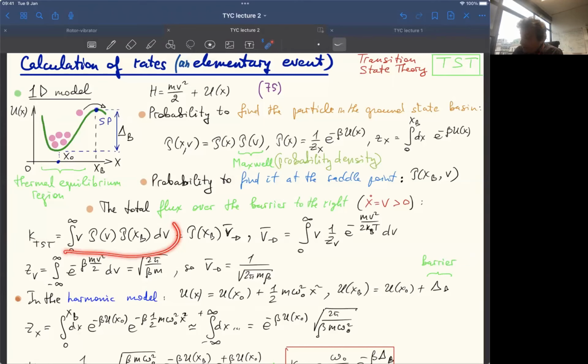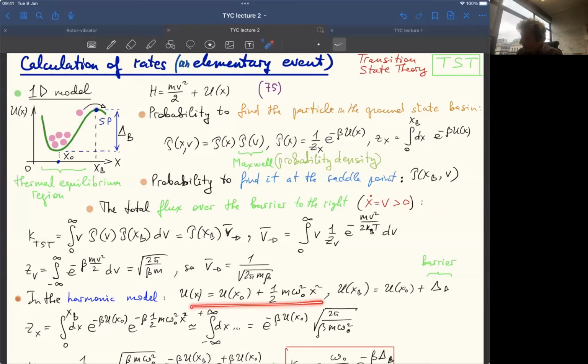So this integration can be easily performed. First of all, this part doesn't depend on the velocity, so it can be taken out, and the rest of it would give me some average velocity to the right, which again with the Maxwellian distribution can be worked out very easily. Then that potential energy part, I may assume that this part of the potential energy surface is harmonic with some frequency omega naught.